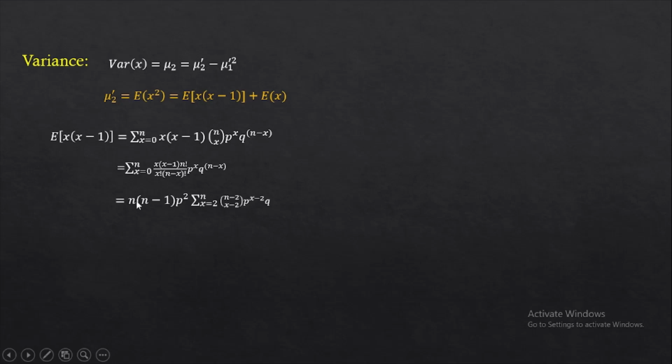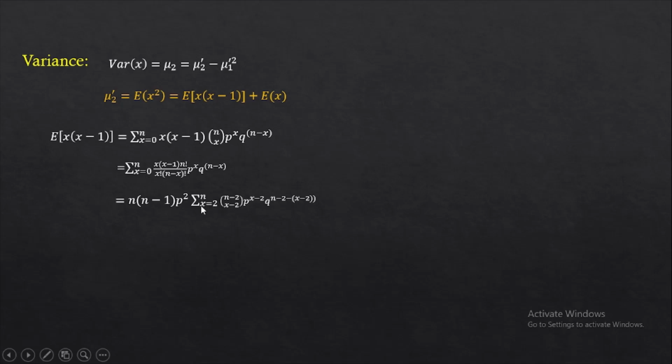n into n minus 1 p square. This term gets common. So this n factorial we can write as n into n minus 1 into n minus 2 factorial. So this term gets common. Here also x factorial we can write as x into x minus 1 into x minus 2 factorial. So this x into x minus 1 in numerator and denominator gets cancelled, so what remains is x minus 2 factorial.